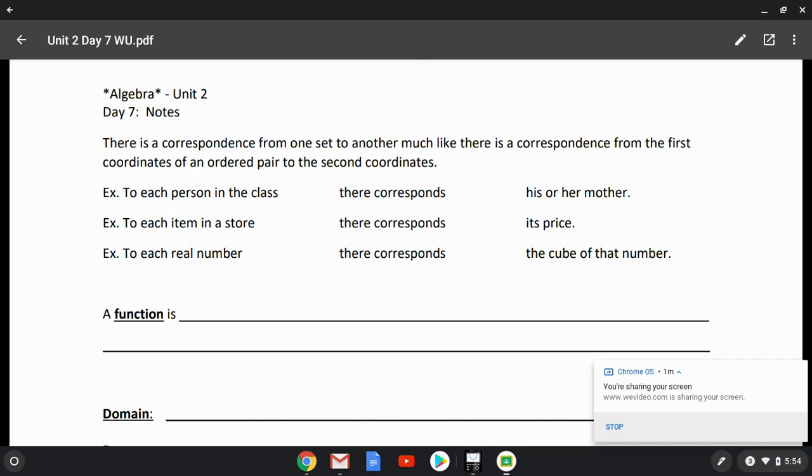But when you have one correspondence, or where every input has an output, a unique output, then that's considered a function.